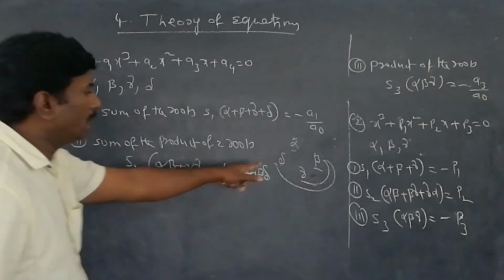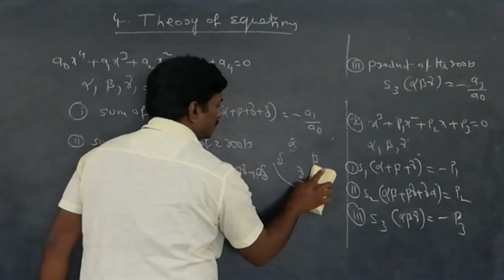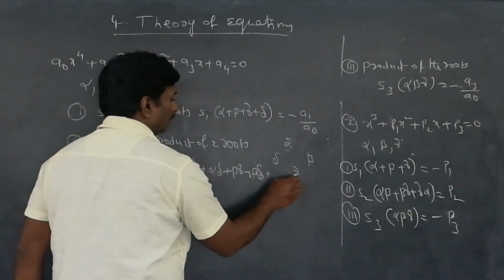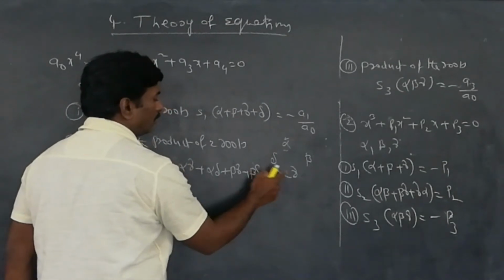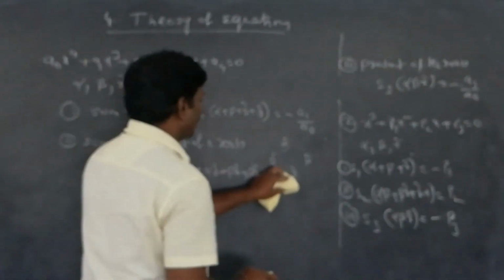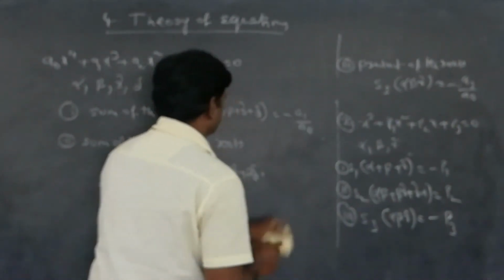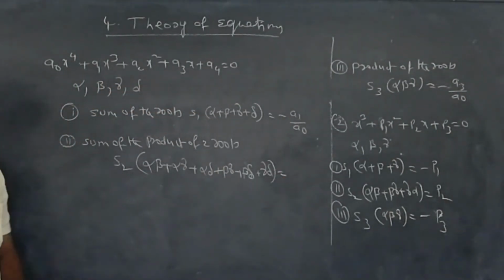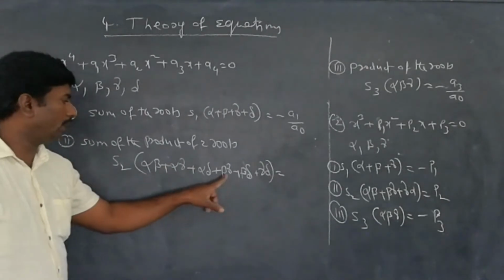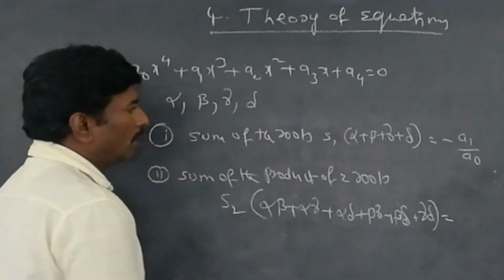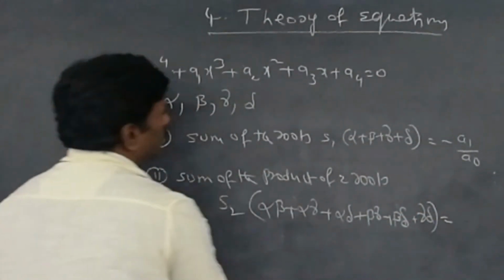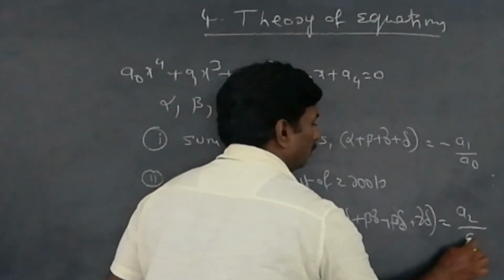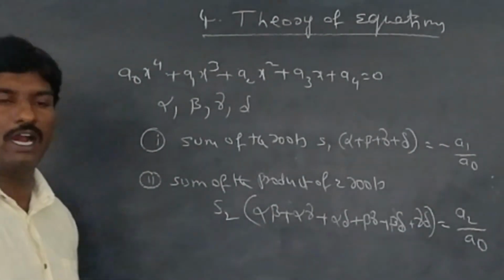Next, now start with gamma: gamma delta, only one condition here. Right? So like this we get 6 conditions, 1, 2, 3, 4, 5, 6, is equal to alternate sign, plus, third term quotient, that is A2 by leading quotient A0.